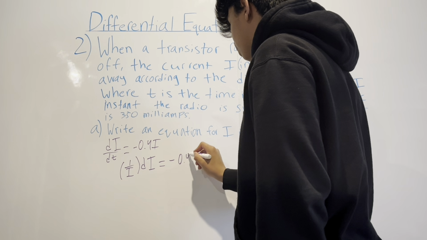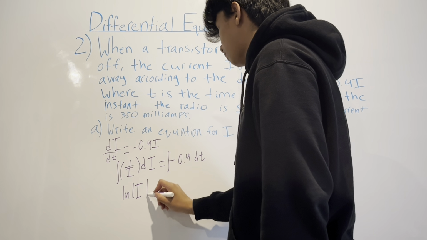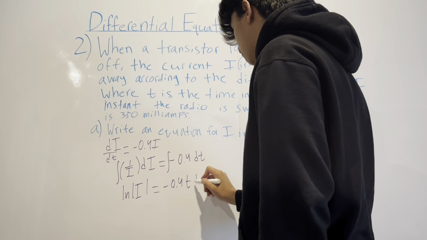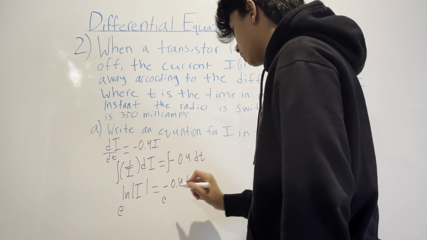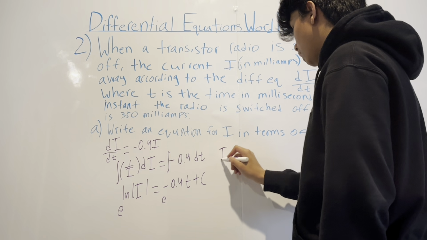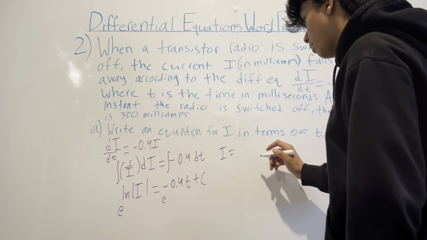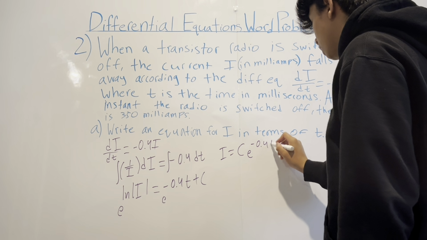And now we're going to integrate both sides. So this becomes ln I equals negative 0.4 t plus c. And we're going to exponentiate both sides. So we get I equals, and we're going to move c down to be multiplied by the base. So c e to the negative 0.4 t.